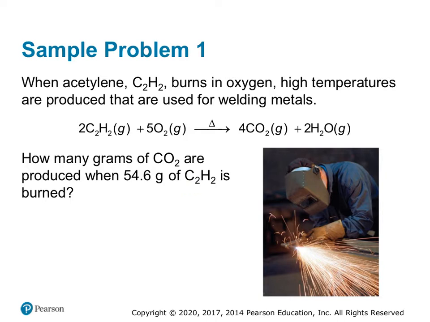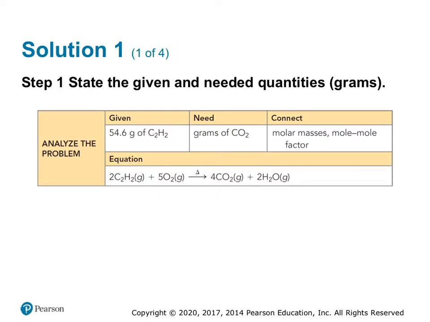So C2H2 becomes our known, and CO2 becomes our unknown. Looking here at what we know, our given is 54.6 grams of C2H2, and our unknown is grams of CO2.